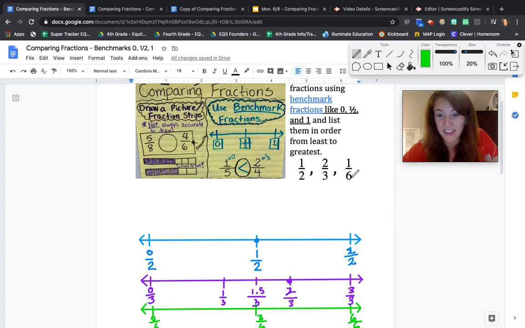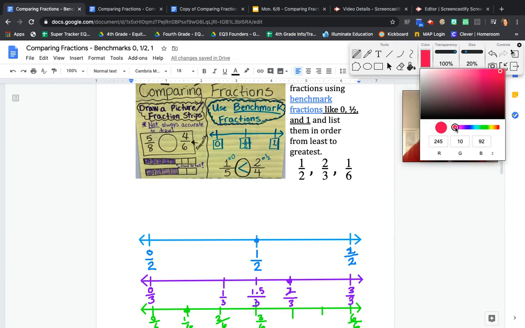Now, 1, that's barely any of the 6, so that's actually closer towards 0. I could break this up even more into equal pieces, so then I have 1/6 here, 2/6 here, 3/6, 4/6, 5/6, and so on. I could label all of them. So I could put my dot here for 1/6. And as you can see, 1/6 compared to the other two is the smallest, then 1/2, then 2/3.